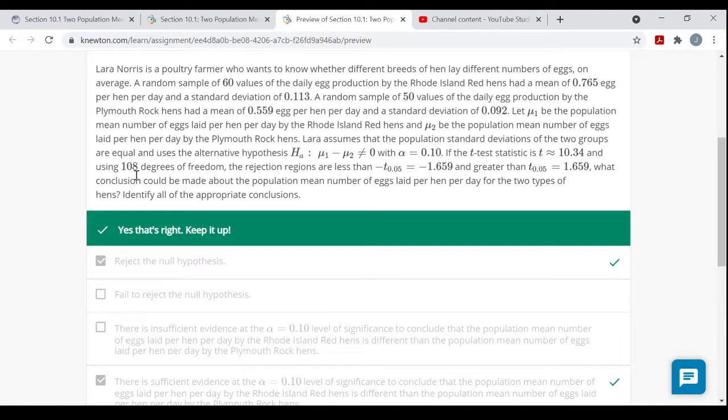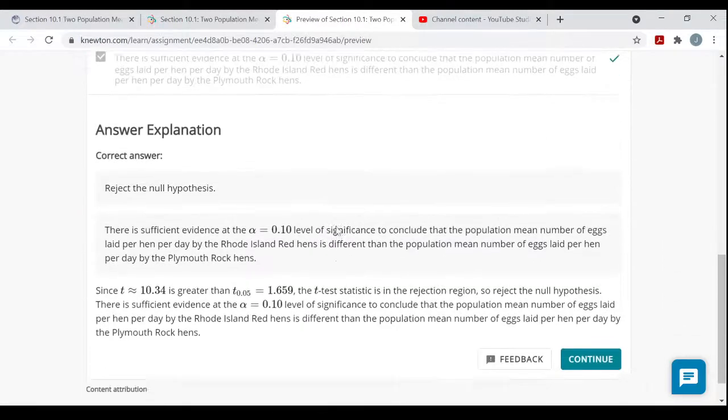So that's how you can tell it was a pooled scenario versus a non-pooled. But anyway, we saw how to calculate the test statistic. In other videos in this assignment, you'll see how to figure out these critical values, which are the same as finding critical values for any t-test. You just have to know the number of degrees of freedom and your significance level to find critical values. And that's it.